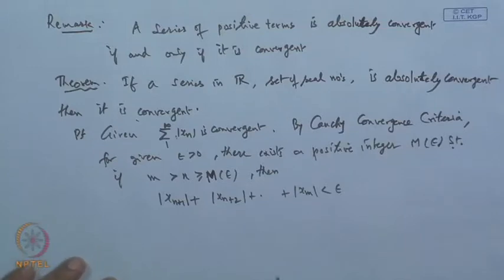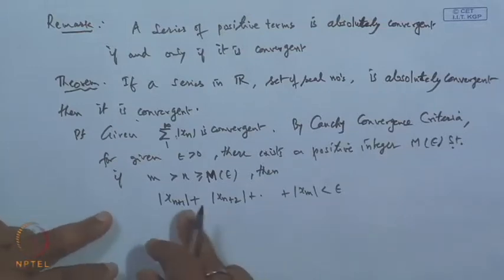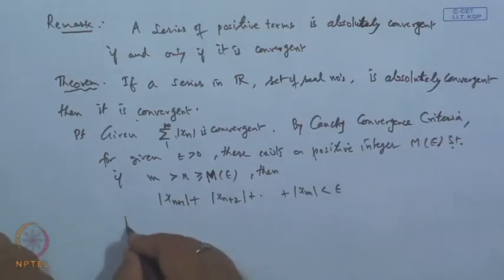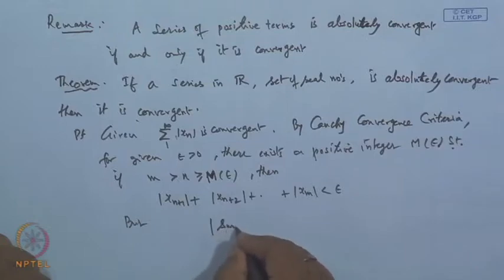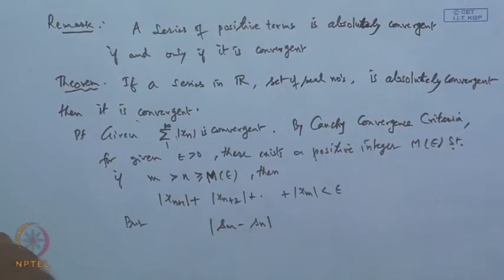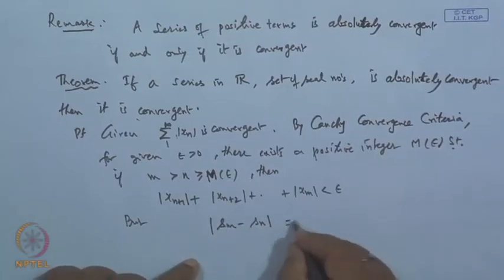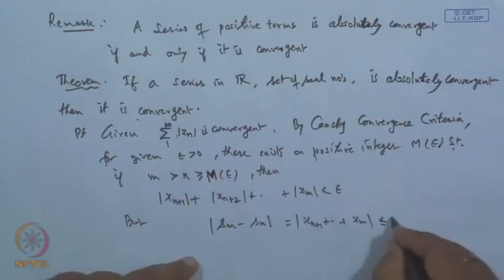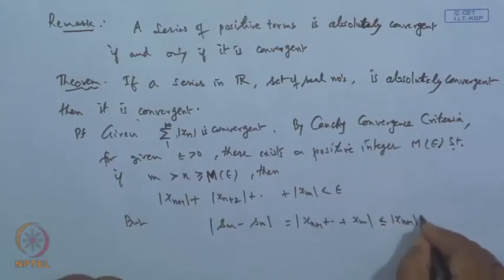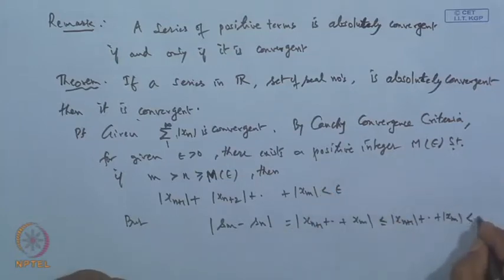But what is the mod of Sm minus Sn? This mod of Sm minus Sn is mod of xn plus 1 up to xm, which is less than or equal to mod of xn plus 1 and so on up to mod xm by the triangle inequality, but this is less than epsilon. So, this is less than epsilon.